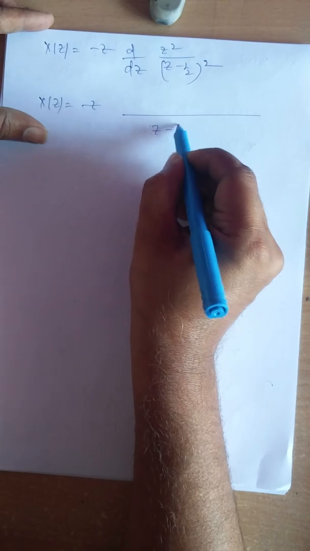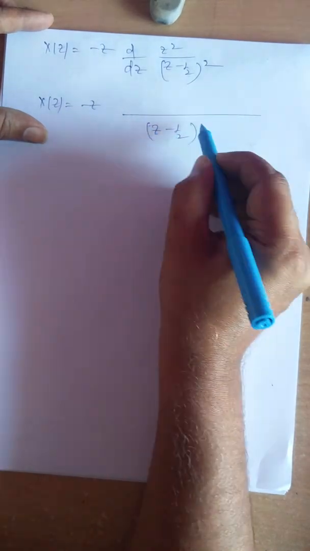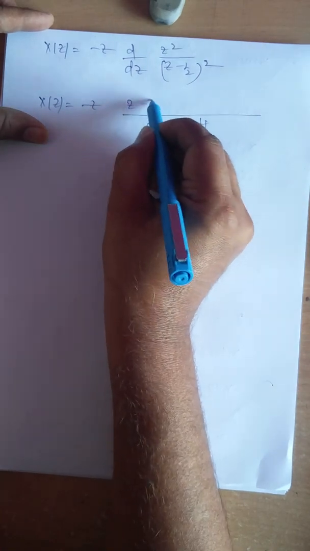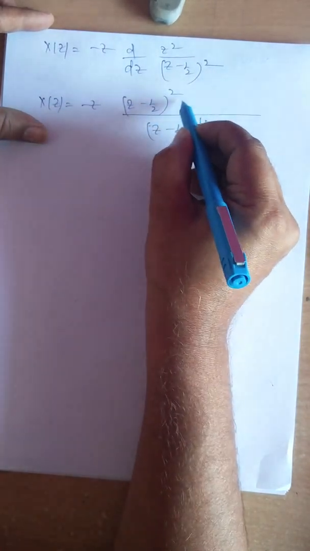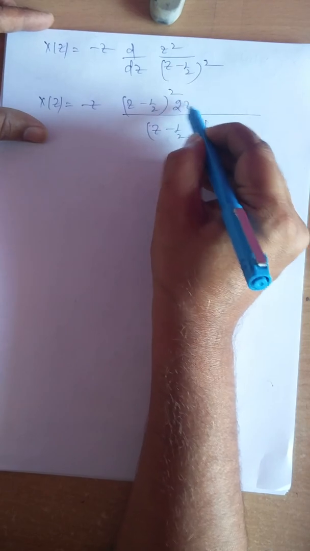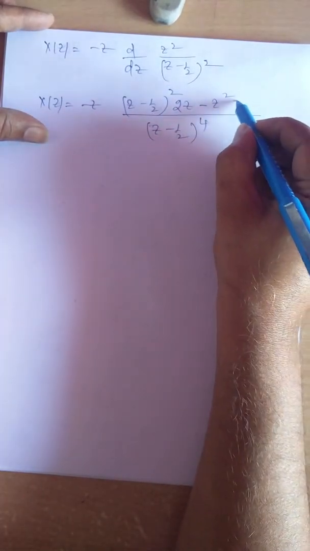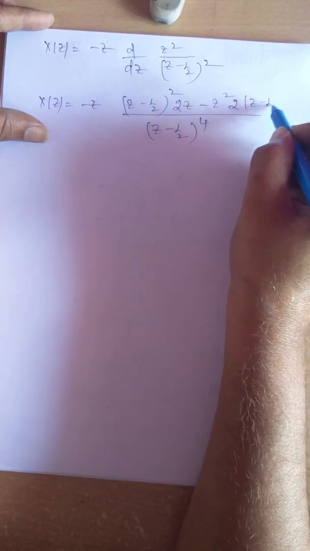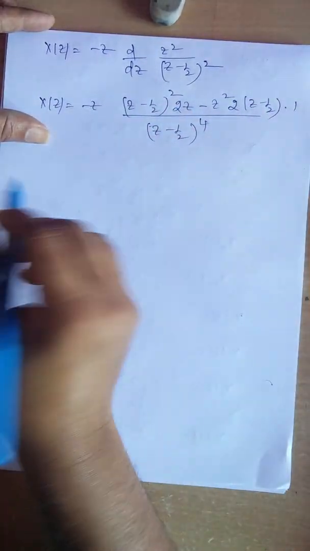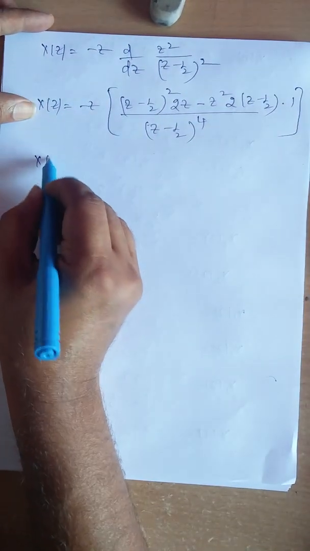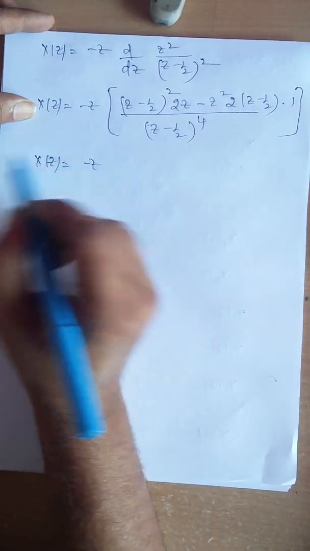The denominator squared, (z minus 1/2) squared, becomes the power of 4, in the denominator, into the derivative of the numerator, that is 2z, minus the numerator into the derivative of the denominator, that is 2 into (z minus 1/2) into 1. Next, x of z is equal to minus z, which we keep as it is.